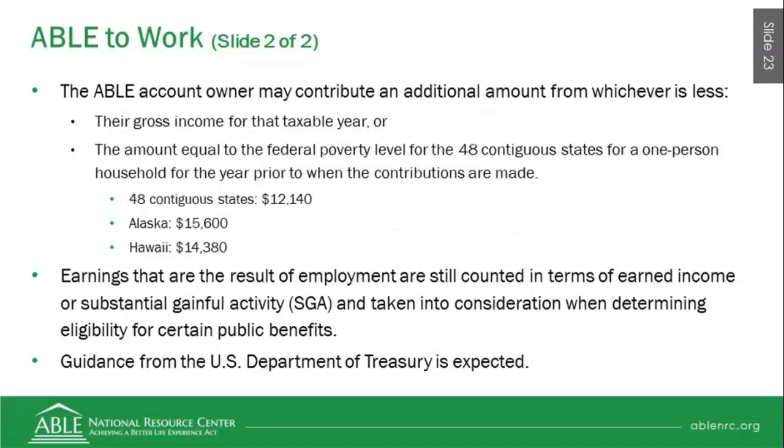Now, if the beneficiary is working and doesn't have an employer-sponsored retirement plan like those shown on the prior slide, the ABLE account owner can contribute money into the ABLE account up to whichever is less: their gross earnings for that taxable year, or, in the 48 contiguous states, as Miranda said earlier, $12,140, or in Alaska and Hawaii, it's a little higher, as shown on your screen, $15,600 in Alaska or $14,380 in Hawaii.